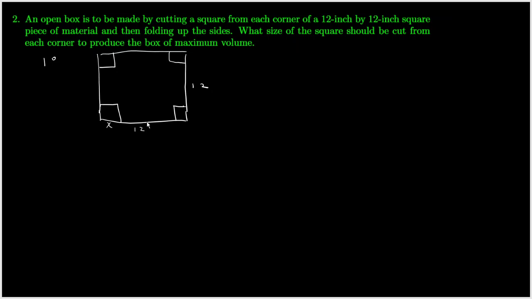I want to repeat my question. What is the height of the resulting open box, if the side length of the corner squares I'm going to cut off is x? What is going to be the height of the small squares? What is the height of the box?